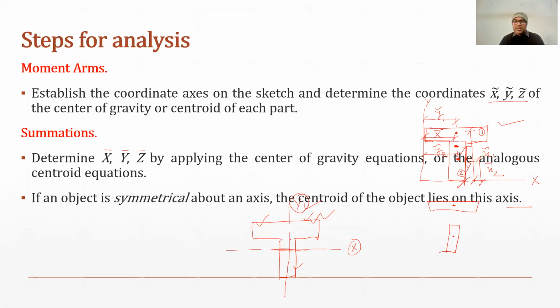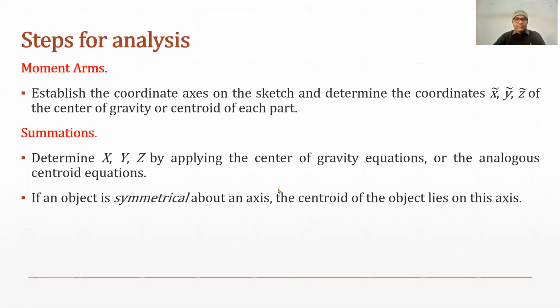So it is symmetric about the y-axis, and the centroid of the whole T will be lying along the y-axis, which means we have already found the x coordinate, which is 0. We are just required to find out this coordinate, which is the y bar. So we only find out one coordinate because the other one is already found because of this symmetry. We will understand this process by solving an example.